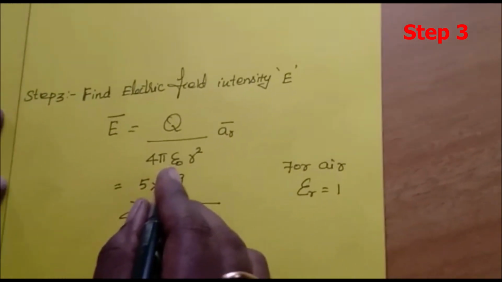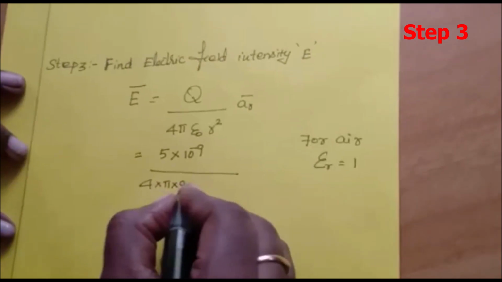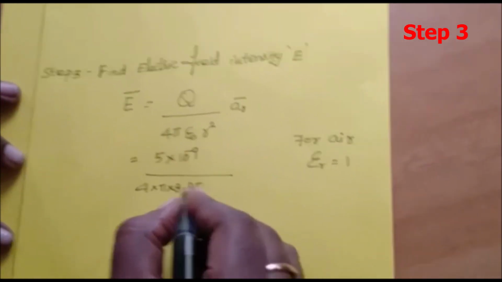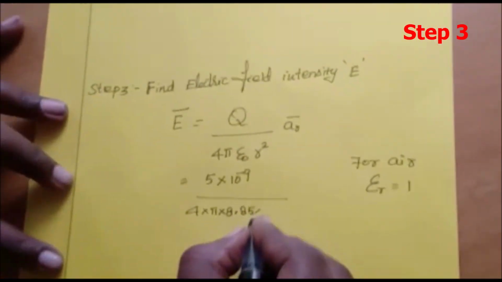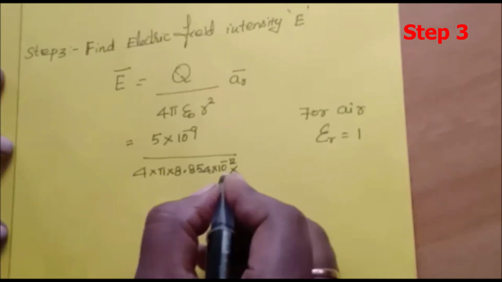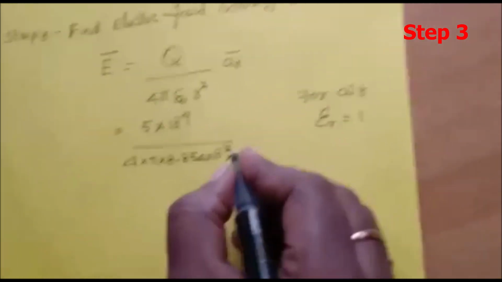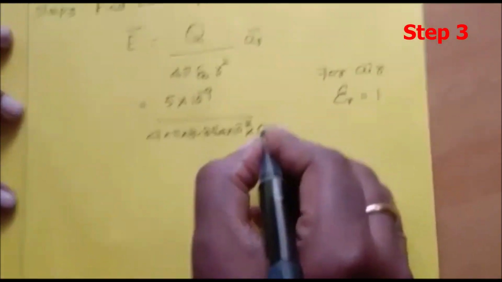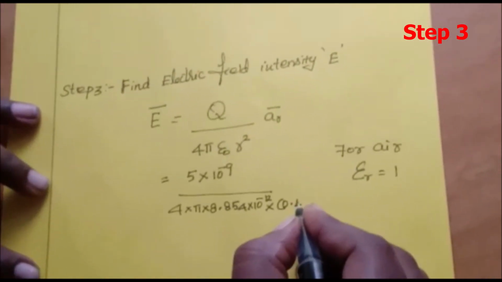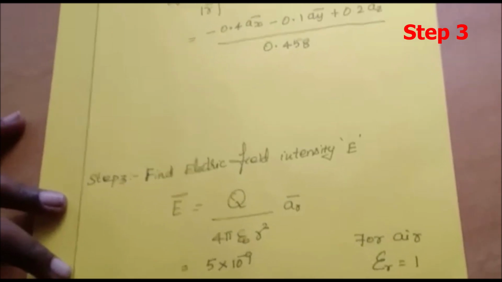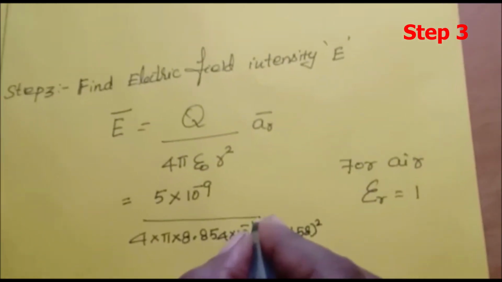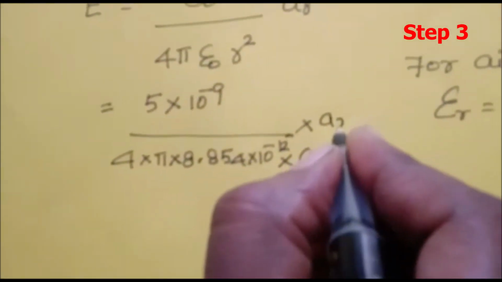So we only substitute epsilon naught, called the absolute permittivity, whose value is 8.854 into 10 power minus 12, and R squared. We have already found the modulus of the R vector, whose value is 0.458. You can square this one, and multiply by the AR vector.